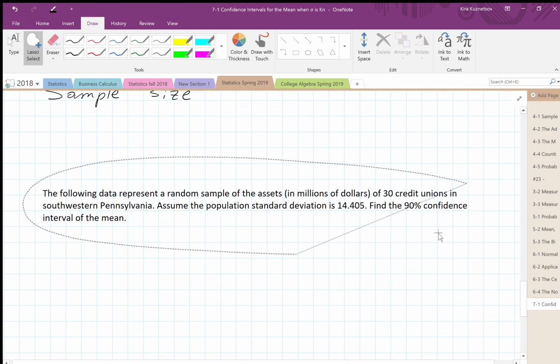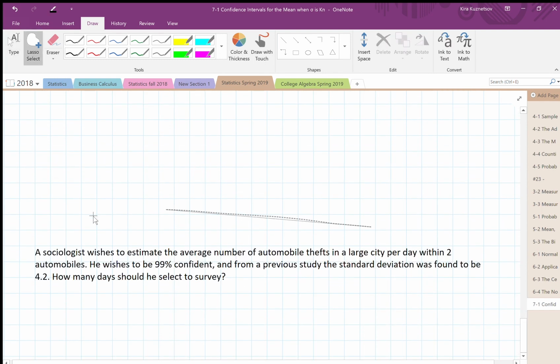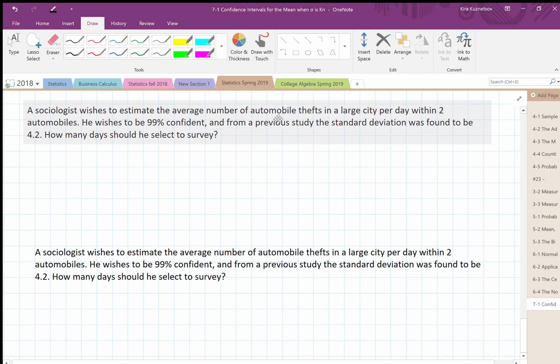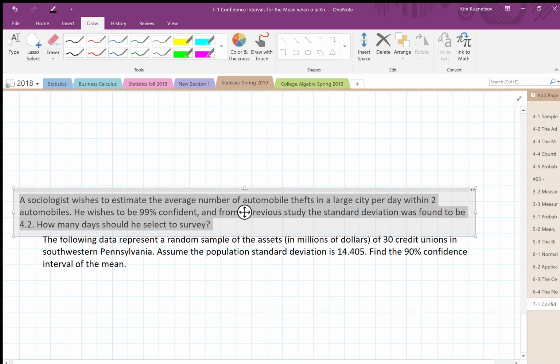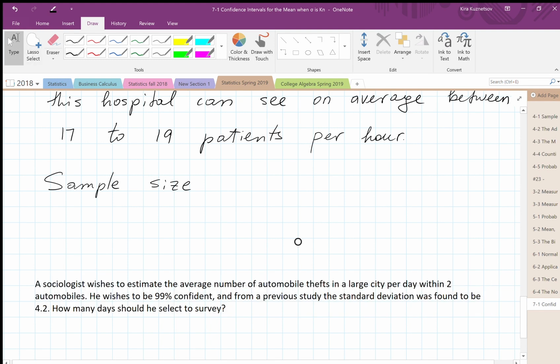Let me move this over. A sample size has a formula of Z alpha over 2 according to your confidence level, times sigma divided by E, squared. Now all of this is pretty self-explanatory except for the E. E is the error.